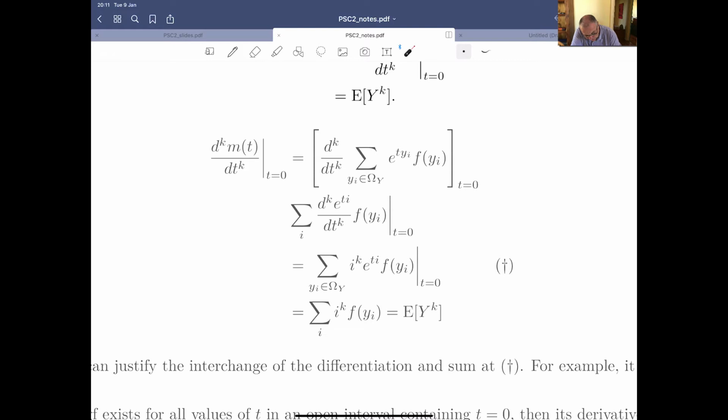Then all I'm doing is interchanging these two things, and that thing I kept going on about, that it's got to be sufficiently nice, lets me do that. And the nice thing about e to the ty, if I differentiate it numerous times, I just get y to the k. And now when I set t equals to 0, this becomes 1. And we basically get the expected value, the moment that we want.